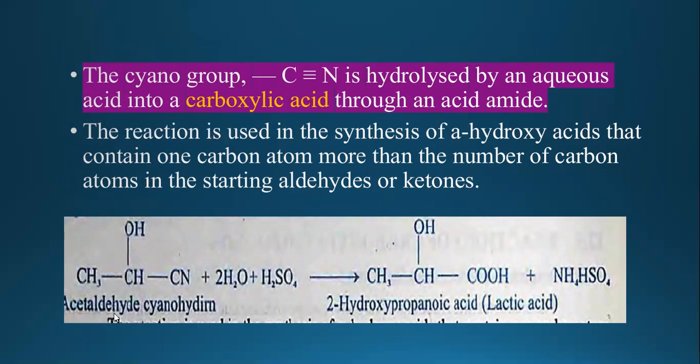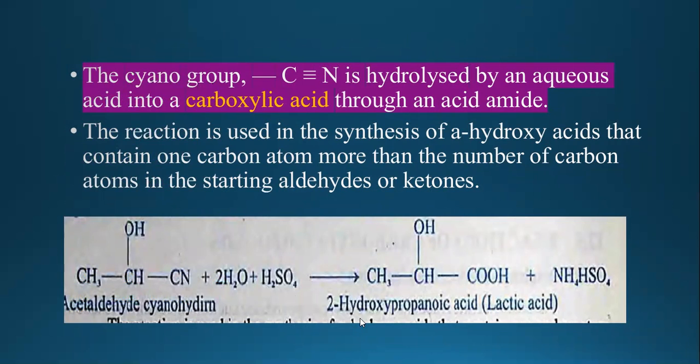If the compound is acetaldehyde cyanohydrin and its hydrolysis is performed in the presence of sulfuric acid, then the cyanide group will be converted into a COOH group. It is an important step that any species which contains a cyanide group can be hydrolyzed and converted into a COOH group.